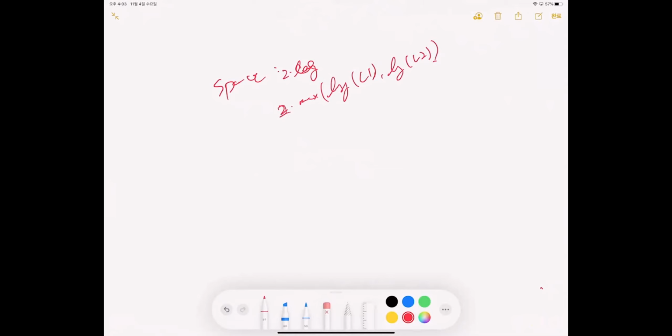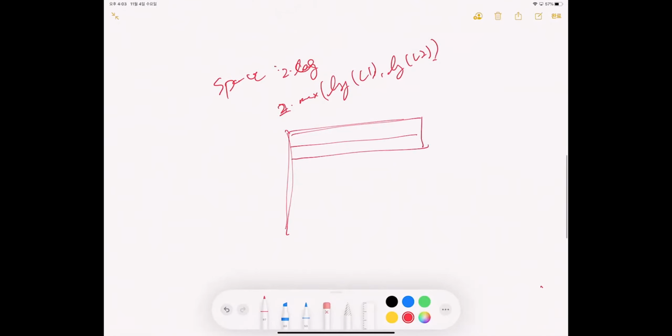Why do I say 2 times? I don't need to maintain the full array, but I only use the 1 time previous. Therefore, if I maintain a 2-dimensional array with 2 rows, then I can solve it. Okay, that is the precise space complexity.